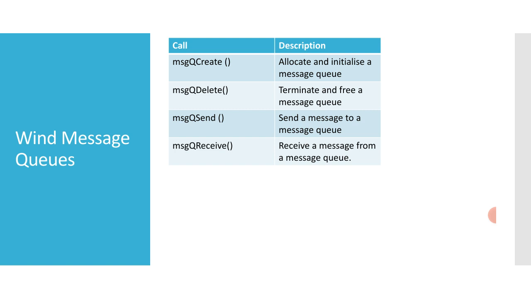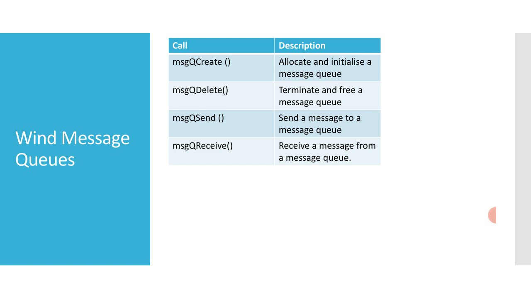A message queue is created with msgQCreate. Its parameters specify the maximum number of messages that can be queued in the message queue and the maximum length in bytes of each message. Enough buffer space is pre-allocated for the specified number and length of messages.